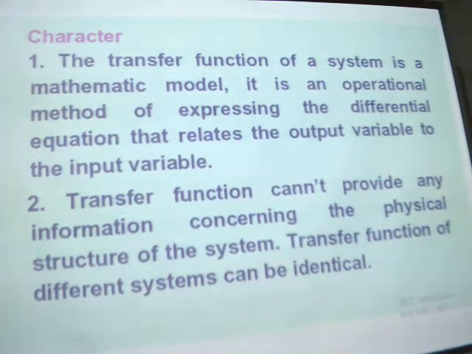In fact, there are two different systems, but the transfer function is the same. A mathematical model may be a linear or non-linear system, time varying or time invariant, continuous or discrete-time system. The transfer function is only related to linear systems. A non-linear system it cannot treat.